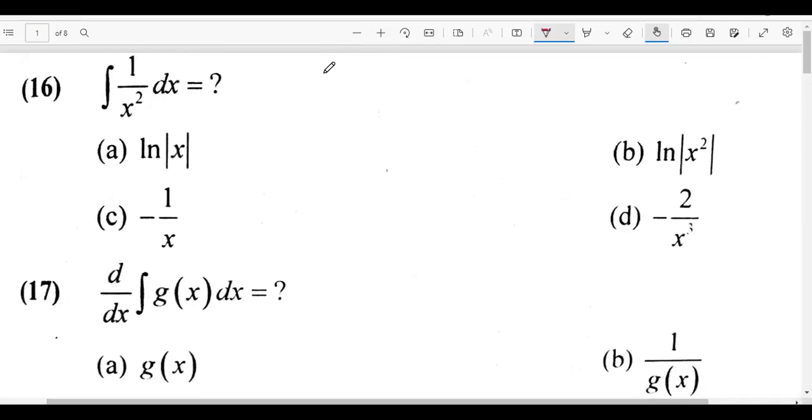We can write it down as the integration of x to the power minus 2. Would it be B? No, it's not B, because you do not have the derivative of x squared in the numerator.